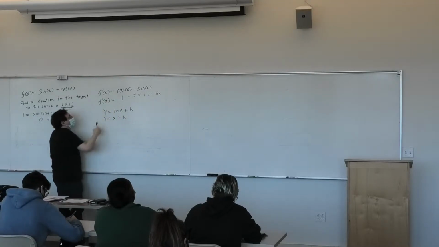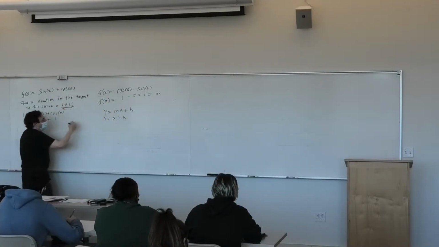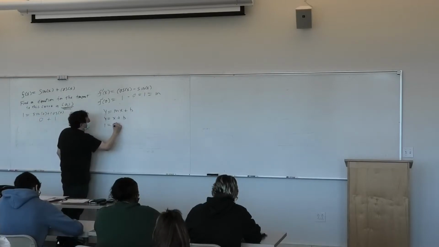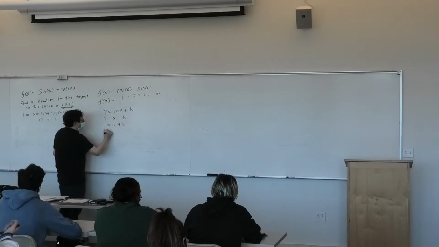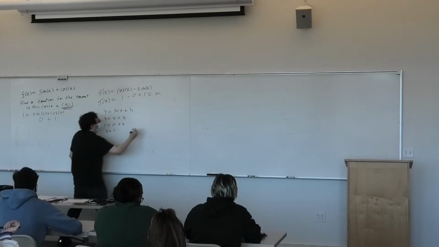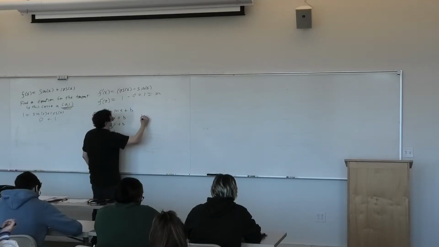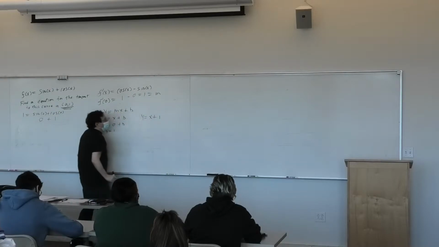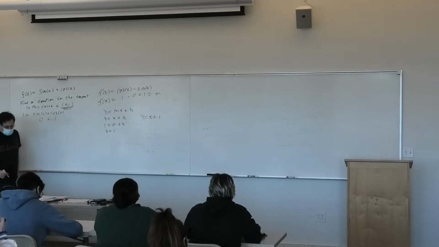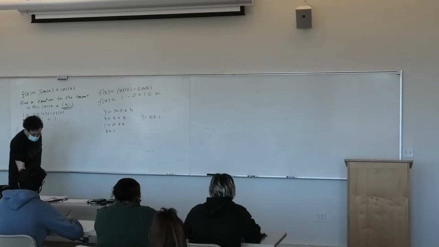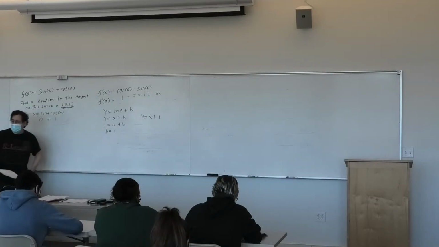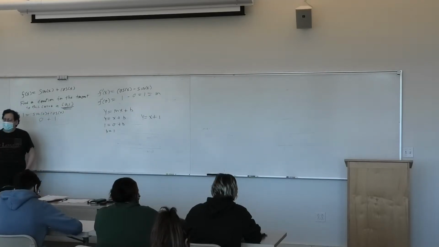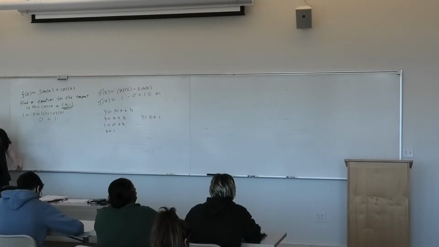And then I plug in my point, 0, 1 here. 1 equals 0 plus b, and I discover b equals 1. So the equation of the line is y equals x plus 1. That's the answer. It's kind of an obvious thing to do once you know how to find a derivative. Give me the equation of the tangent at some point.